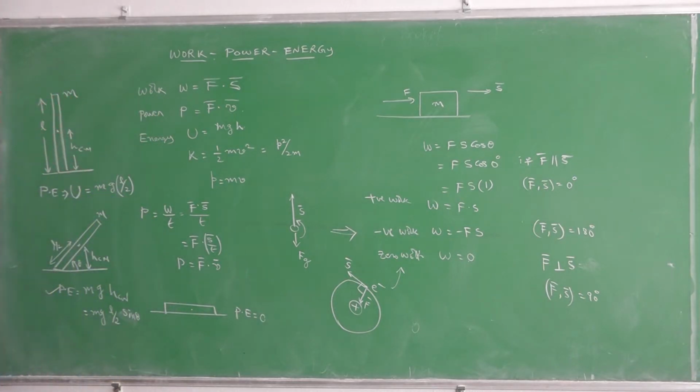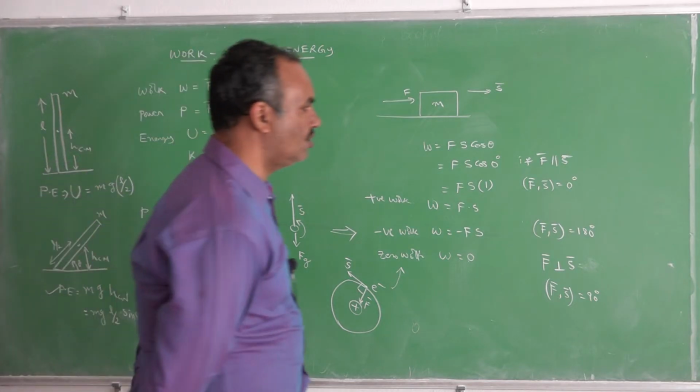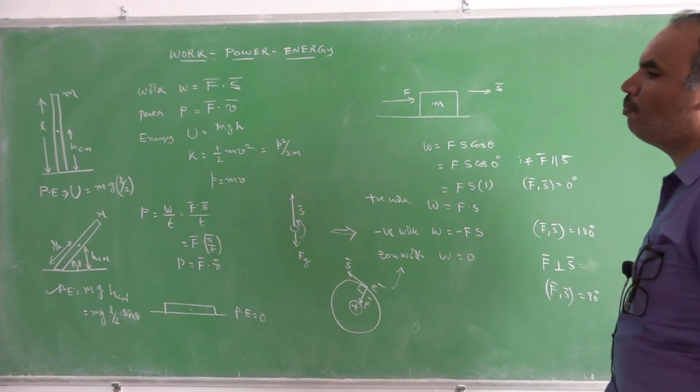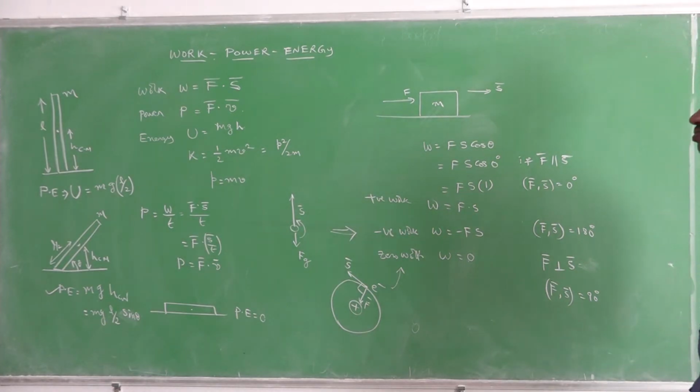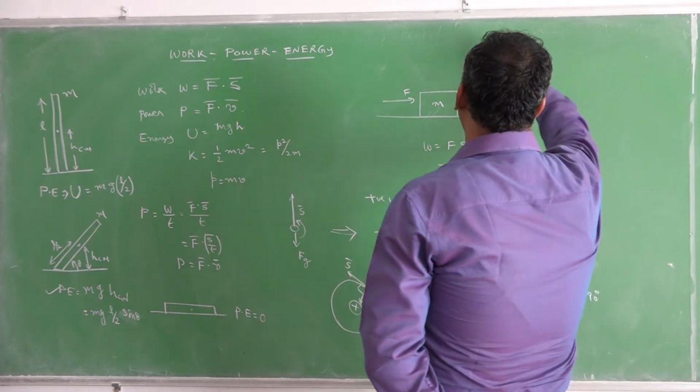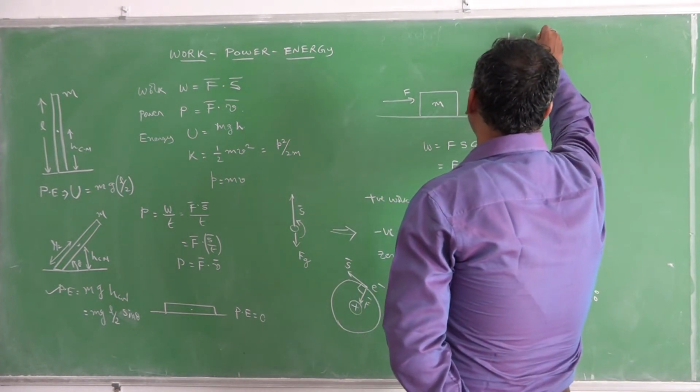So these are the basic ideas of work, power and energy. Briefly I explained here. Try to revise the concept through your textbook, otherwise through integrated material. And one more important point you should note here, there is a law called law of conservation of energy.